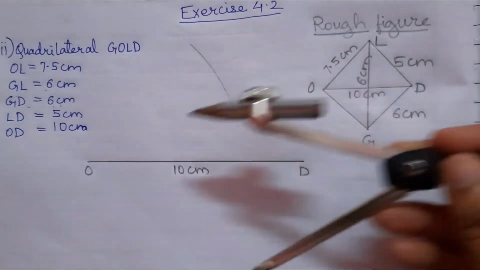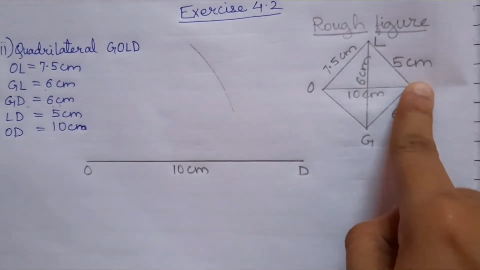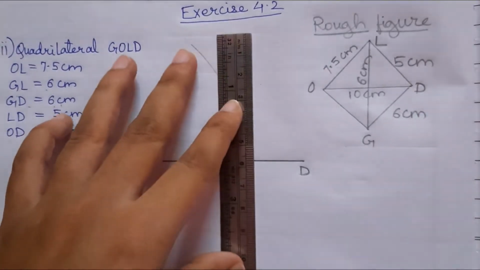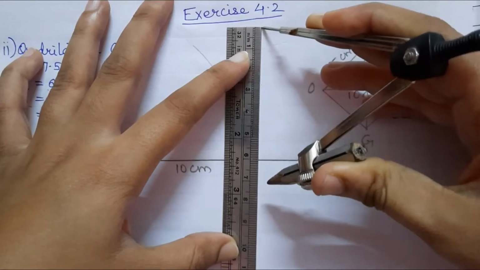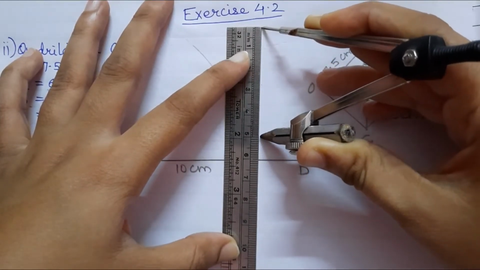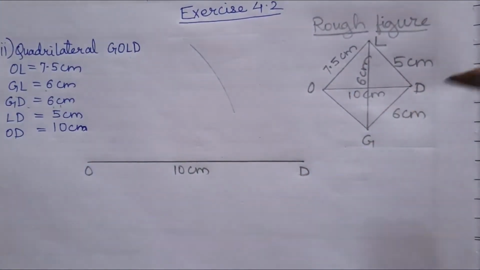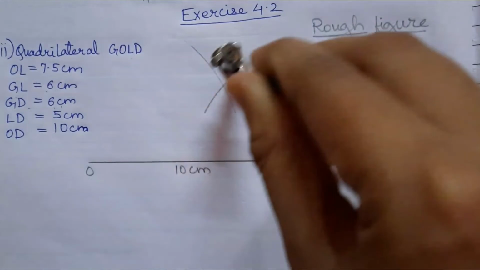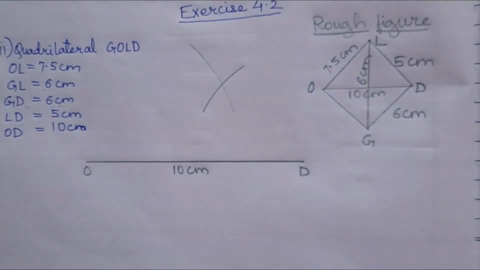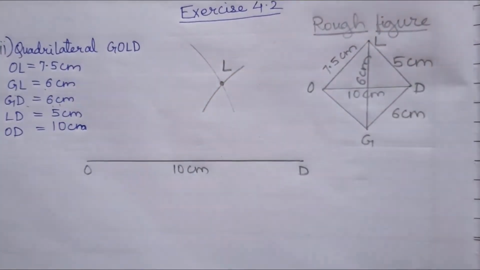Okay, because OL is 7.5 centimeter. Then the next LD is 5 centimeter. So we will take 5 centimeter on our compass. LD is 5 centimeter. So we will keep the compass pointer on D and draw an arc here. So here we got the point of intersection. This point is our point L.